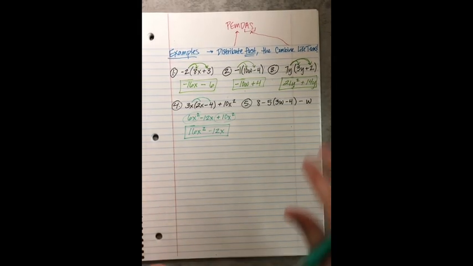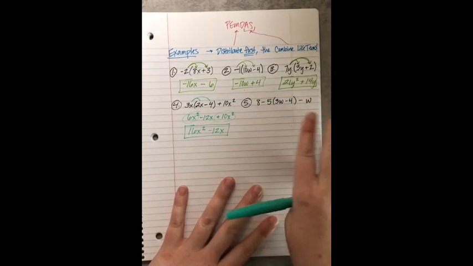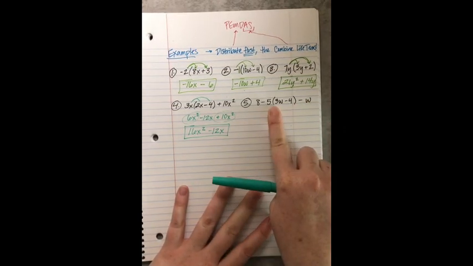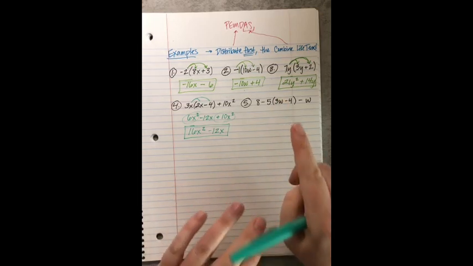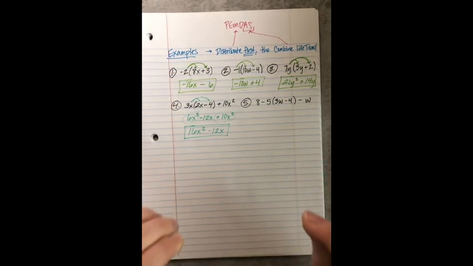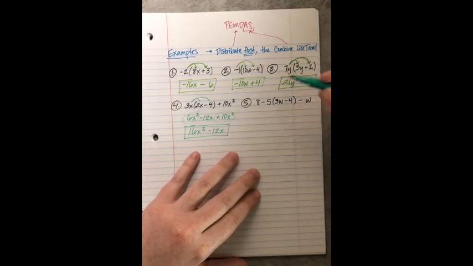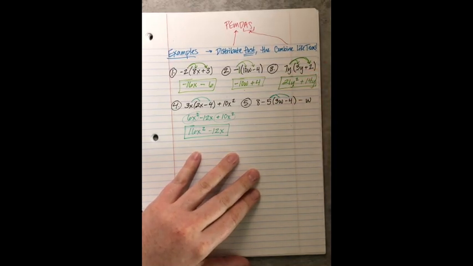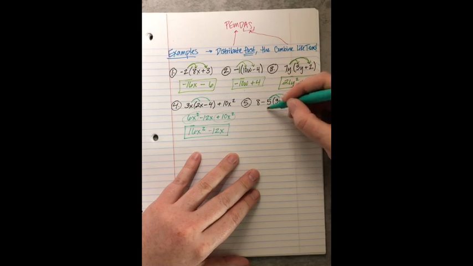Okay, so do we see any distributive property? Right here. Now, this is where you have to be so extremely careful. Am I going to be distributing a 5? Or is it technically a negative 5? And the answer is negative 5.